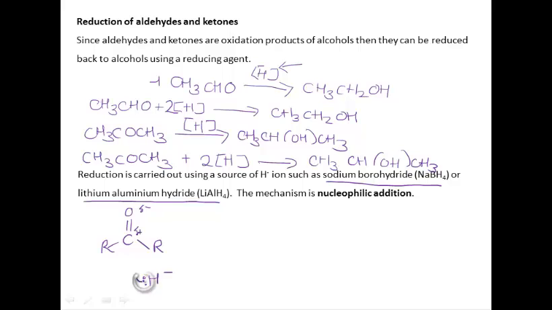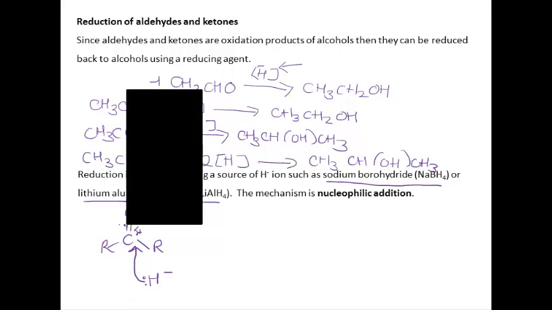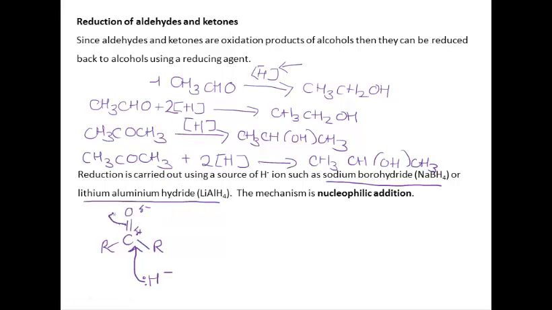So starting from the lone pair on the H- ion, the electron density, take some of the electron density from here and push it onto the oxygen. And let's look at what that looks like afterwards. Got our 2 R groups here.